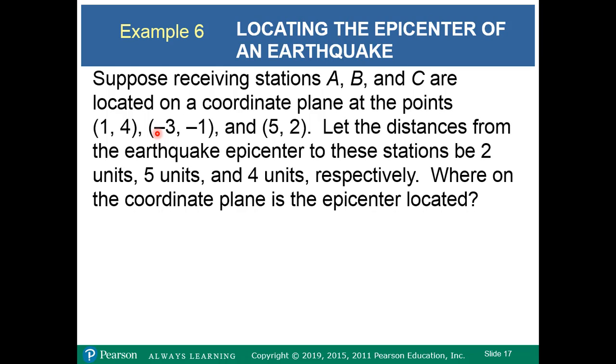So we've got the location of these three receiving centers, and the corresponding distances from each one of these stations is given by 2 units, 5 units, and 4 units respectively. So this point is 2 units from the epicenter, this point is 5 units from the epicenter, and this point is 4 units from the epicenter. Where on the coordinate plane is the epicenter located?